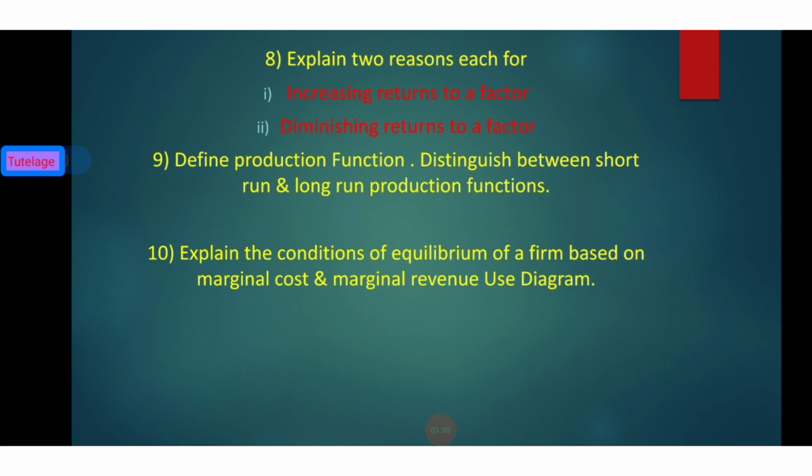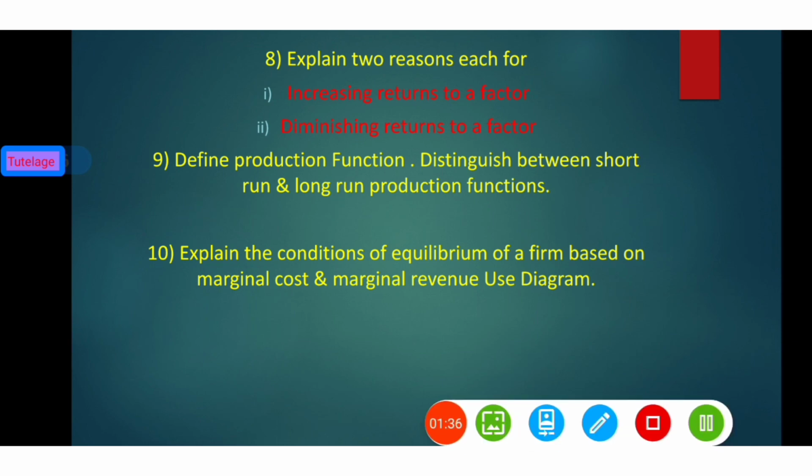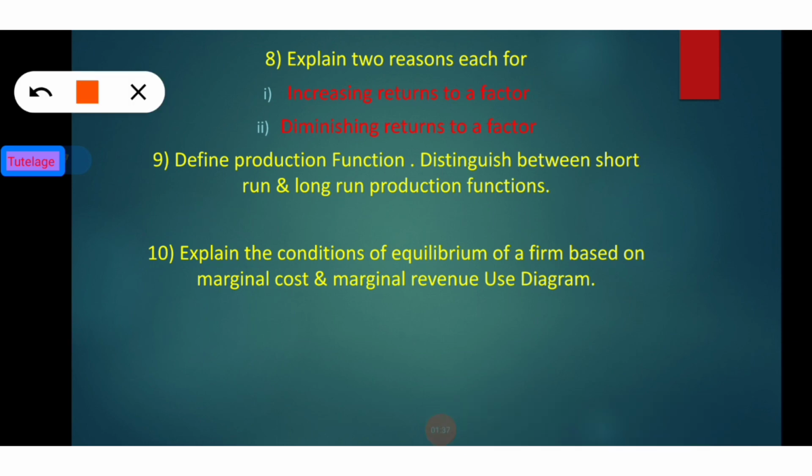So here the next question: explain two reasons each for increasing returns to factor and diminishing returns to factor, and define the production functions, short run and long run production functions. What are the differences between short run and long run production functions, and marginal cost and marginal revenue? So explain the conditions of the equilibrium of a firm based on marginal cost and marginal revenue.